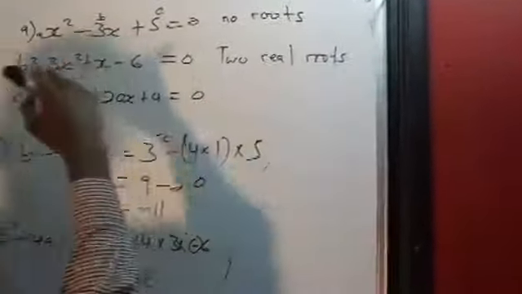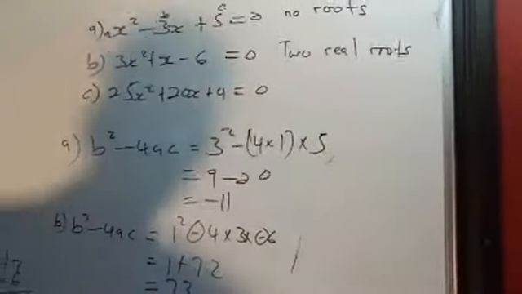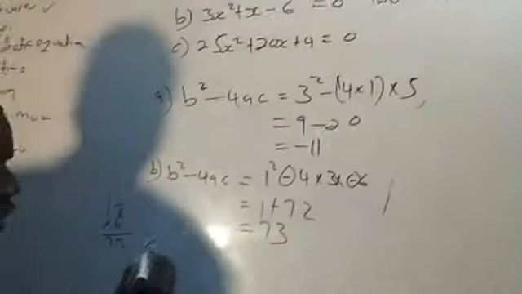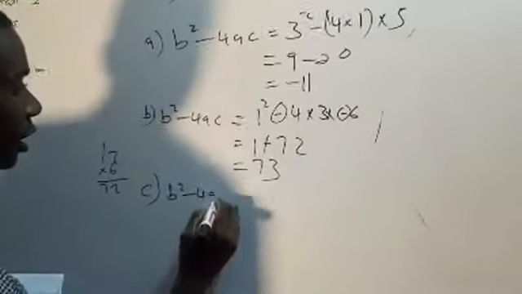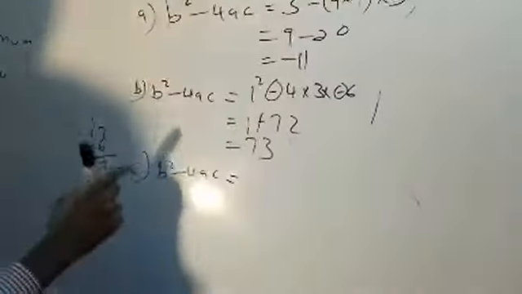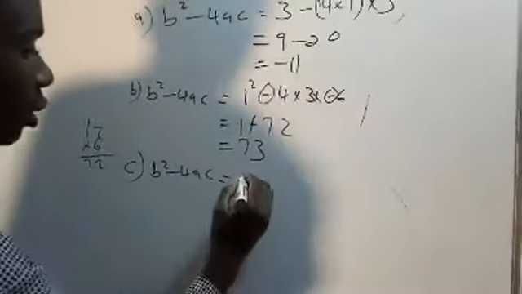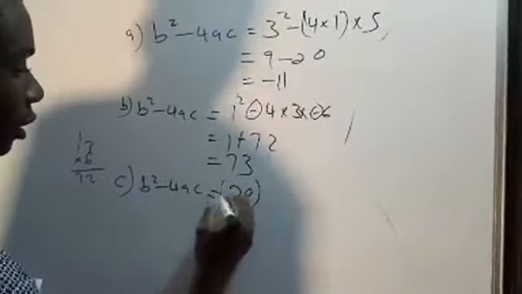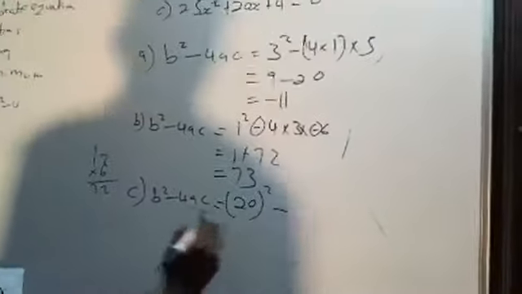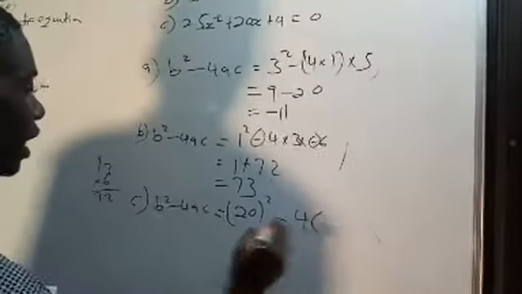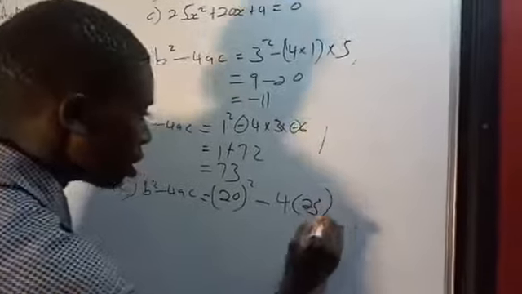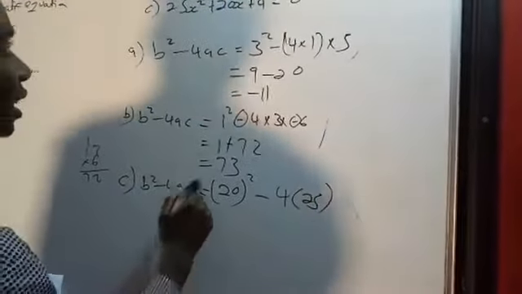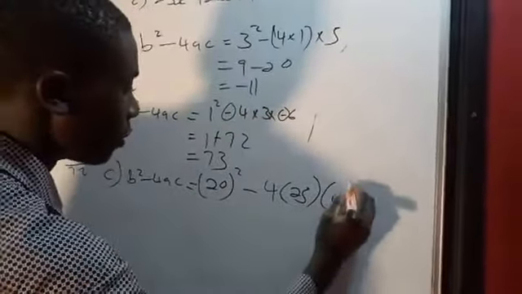And let's go to the third equation, which would be b squared minus 4ac. B we have 20, squared, minus 4 times, a is 25 and c is 4.